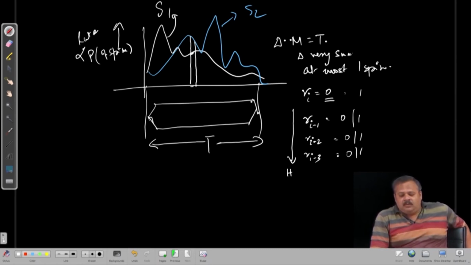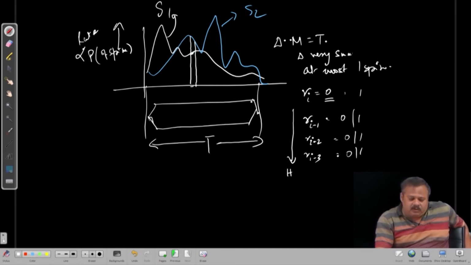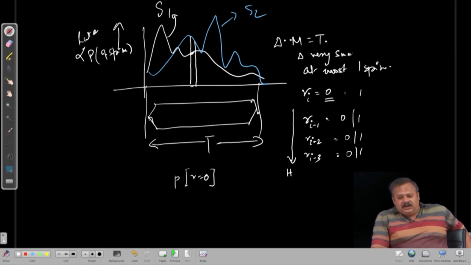So, now the probabilities that we had in the ith bin, the probability that our response is equal to 0, now has to be replaced by a conditional distribution, that is, the probability the response is equal to 0 given r_{i-1}, r_{i-2}, r_{i-3} equal to all zeros, or 0 1 0, all the combinations that are possible, and that will be used in the calculation of KL distance.